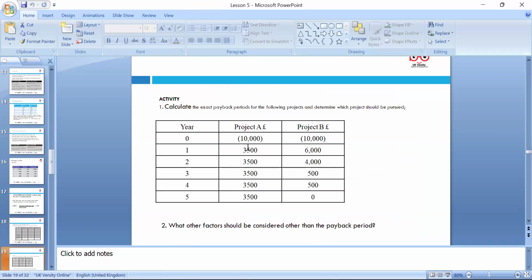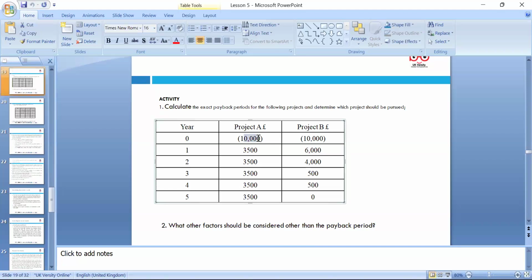Okay, so for any project, earlier we discussed the payback period, like you investing 10,000. If you're getting 3,500, 3,500, 3,500, that makes 10,500. So in 3 years we are getting 10,500.